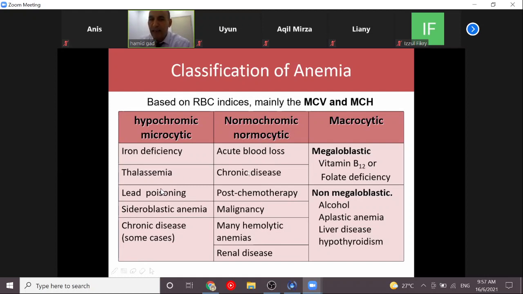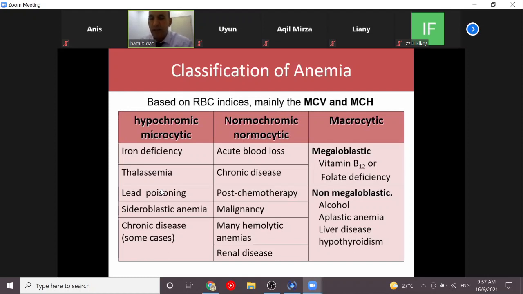Some chronic diseases can produce normochromic anemia, while others can produce hypochromic. Also post-chemotherapy or hemolytic anemia. Not all, but most hemolytic anemias are normochromic, normocytic. If there is bleeding, this is known from the accident, or if the patient has chronic disease, it is already known.